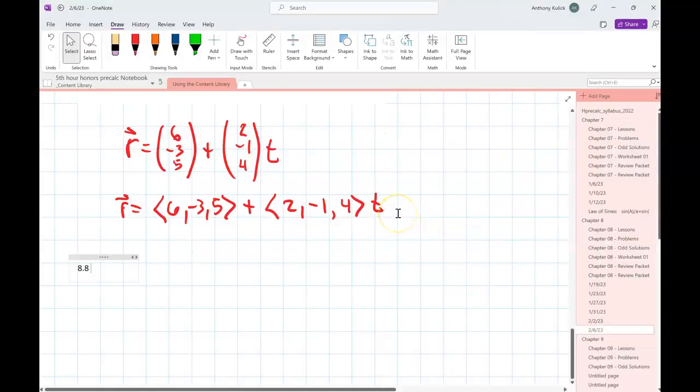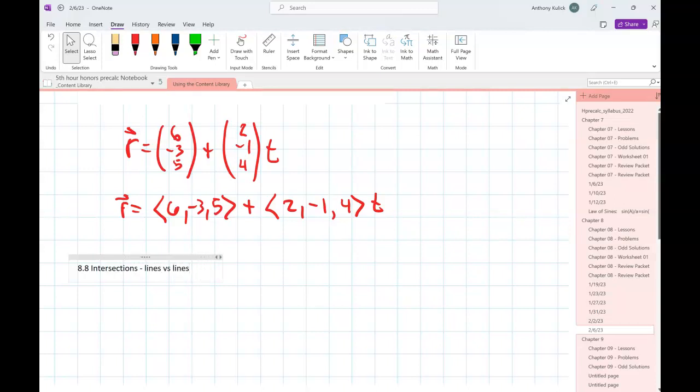Intersections, lines versus lines. All right. So we're in three-dimensional space.